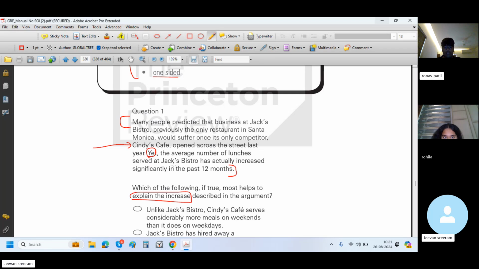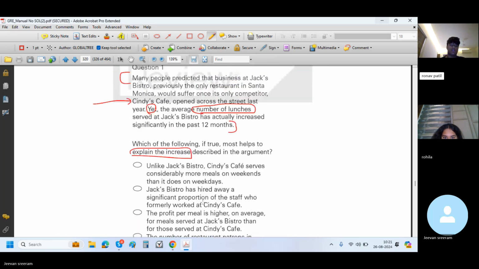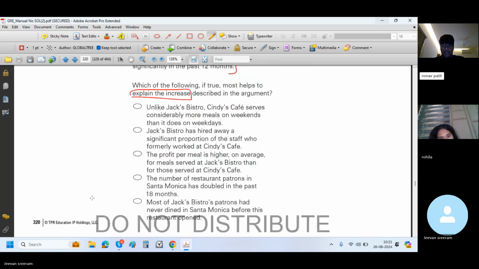What's that increase? More number of lunches. The lunches served has actually increased. The right option must give a clear reason. D, sir. D. So sometimes most students generally get polarized towards C, but that's not the thing.